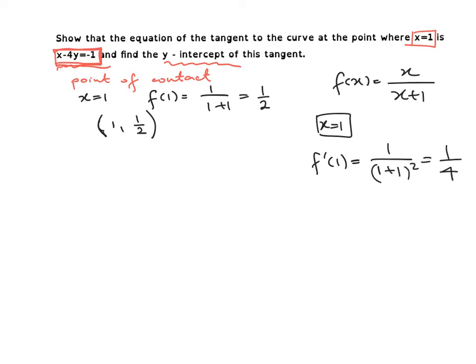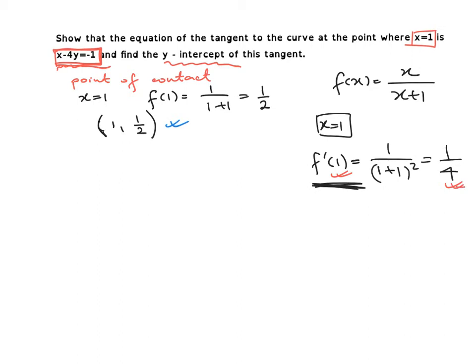Please note that the first derivative is on the previous page. So now we have the point of contact and the first derivative. So the slope of the tangent when x is equal to 1 is 1/4.